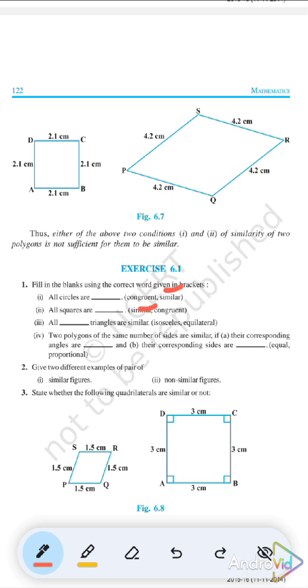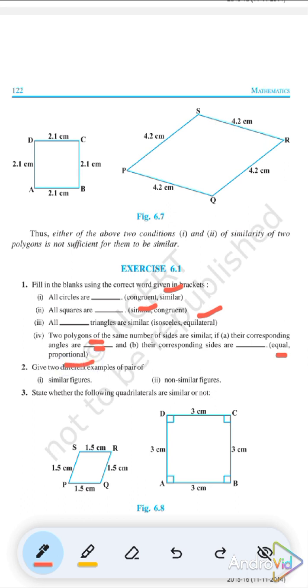Two polygons of the same number of sides are similar if A, their corresponding angles are equal. You have to write equal, but here I have no space, hence I have marked the symbol as equal. And their corresponding sides are proportional. So first you have to write equal, and for the second blank you have to write proportional.